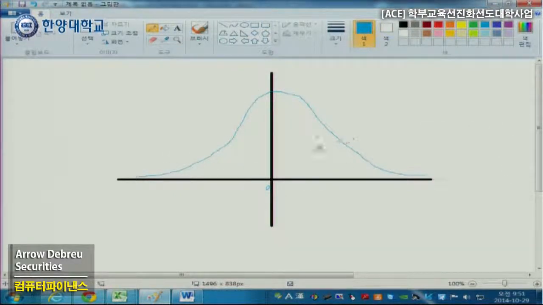As we move to the center, the random number is more likely to be chosen, and as we move to the tail, it is less likely to be chosen.